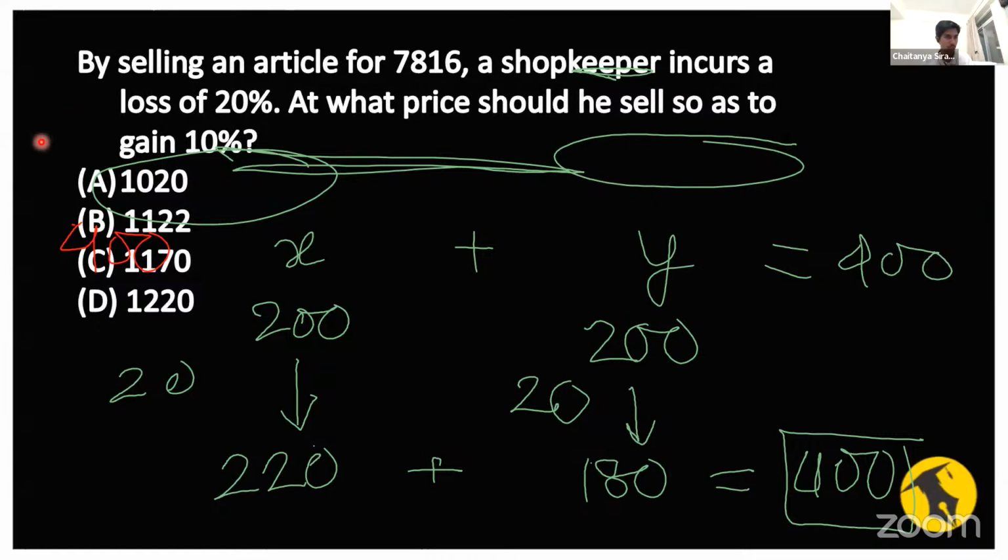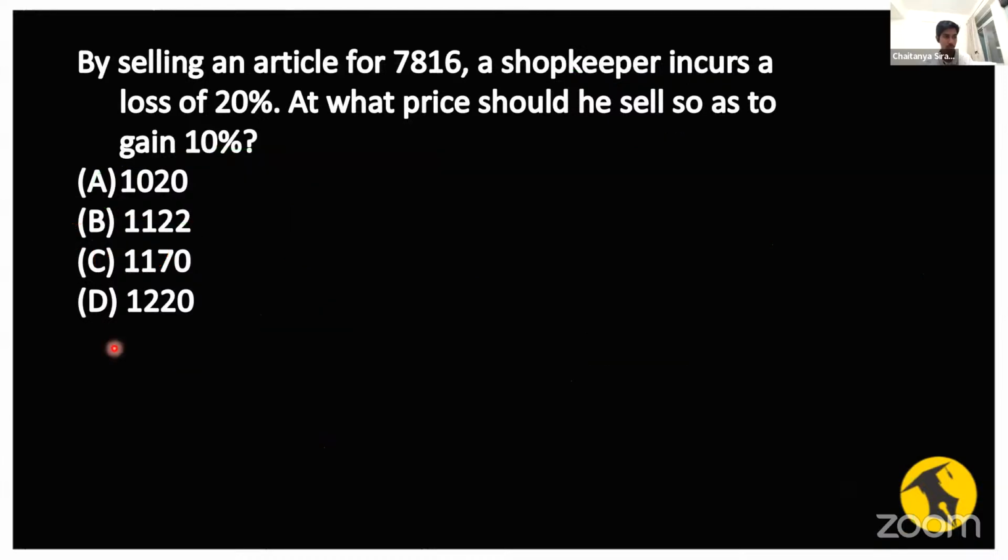Right. This is also a good one for your percentage. By selling an article for 7816, a shopkeeper incurs a loss of 20%. So he has sold it for this price and incurred a loss of 20%.